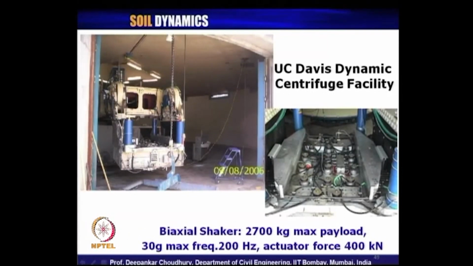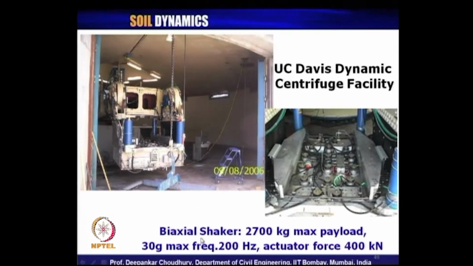When I used this facility during my visit to Berkeley, these were the testing facilities of the biaxial shaker they have in this bucket. In this exaggerated picture it is shown here. This can provide movement in all 3 directions, both the horizontals using these accelerometers and also the vertical, and on top of it you place your container with the soil.